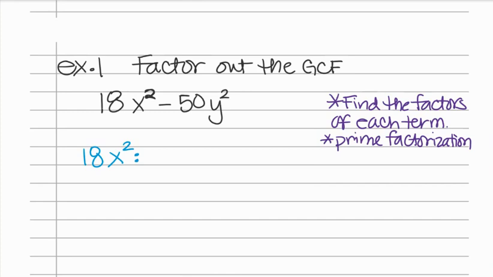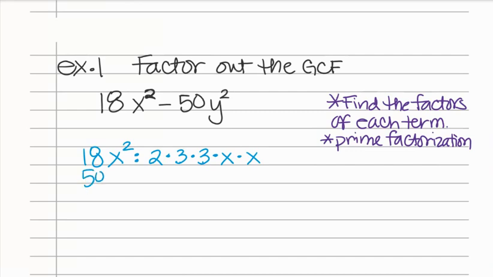Okay, so what prime numbers multiply to make 18x squared? All right, so the prime factorization of 18, which we actually have from above, is 2 times 3 times 3. Then I'm going to take the x squared and I'm going to break it down into x times x. Okay, so I just got the prime factorization of 18x squared. And remember, prime factorization means each of these factors here is a prime number. Or, in other words, the only thing that multiplies to make that number is 1 and itself, which is why we broke down the x's.